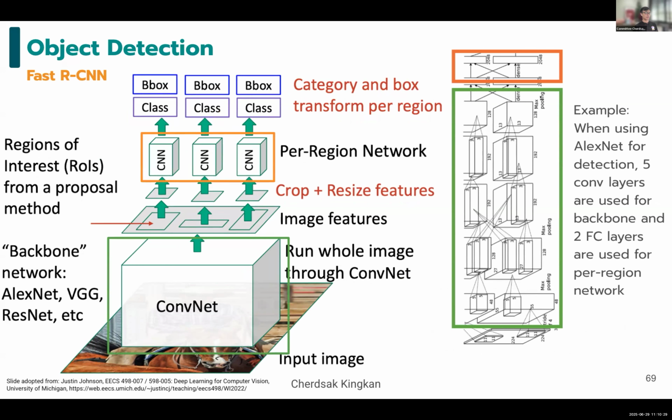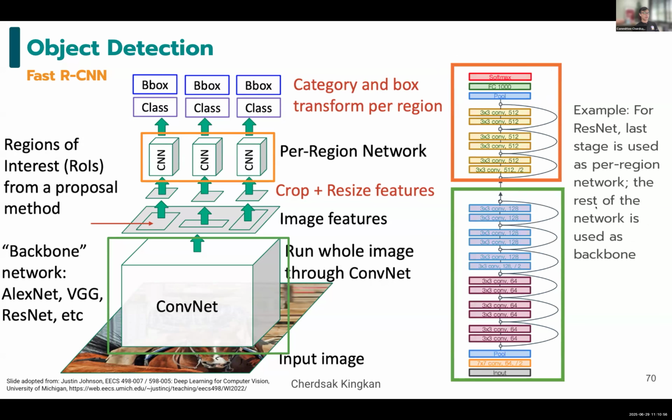Then we perform the proposal method from here to extract regions, and pass these regions into these two fully connected layers, which are nothing but linear layers, so that we can get the predictions of the class and the bounding box of each object.